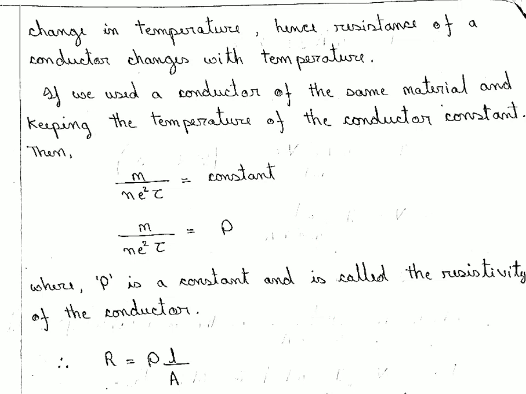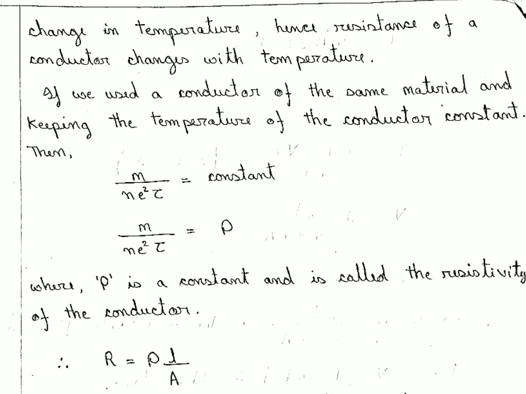But we can change L and A. We can change the length of the conductor and the thickness of the conductor, or the area of cross section A of the conductor. So here this constant M divided by NE squared tau is called the resistivity of the conductor, or the specific resistance.